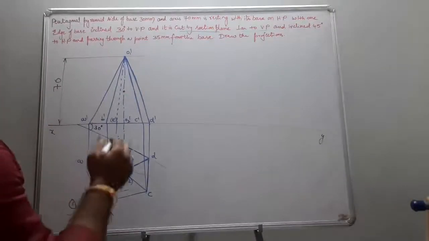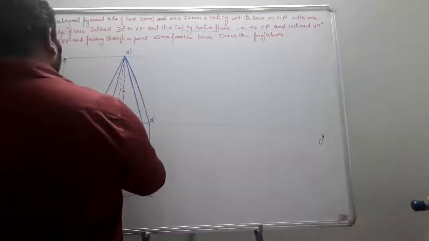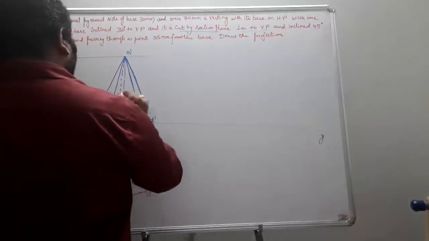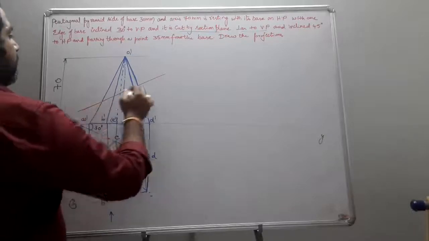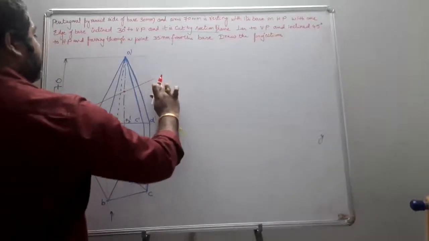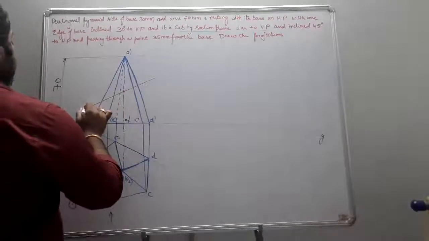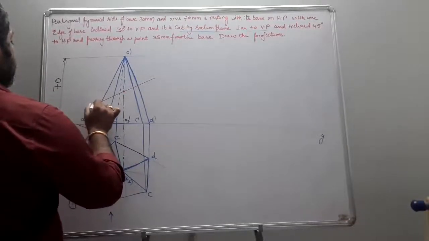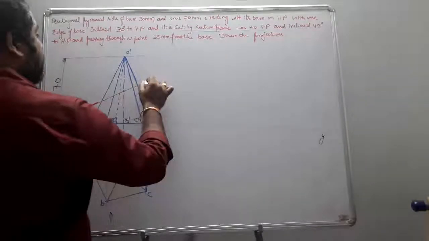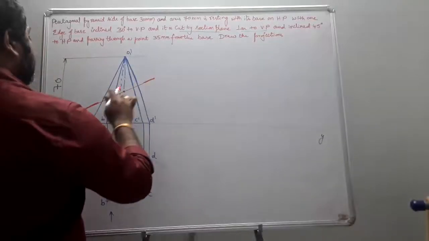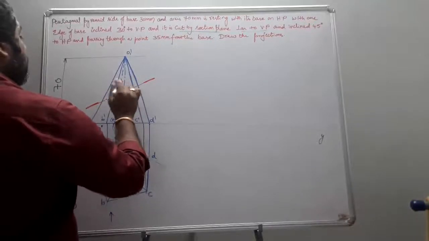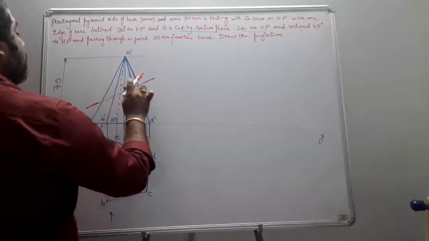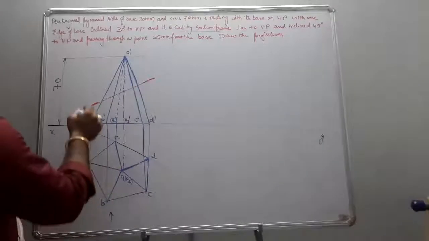And your cutting plane is 45 degrees inclined. That means it should be obtained like this. So your cutting plane is going to be represented by thick ends. This is represented by the vertical trace VT.